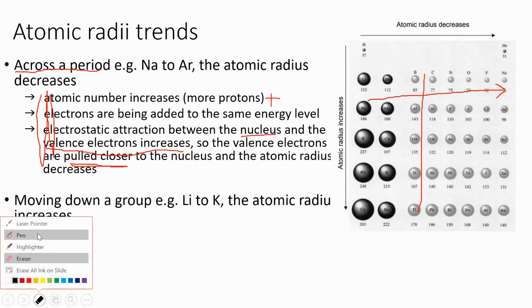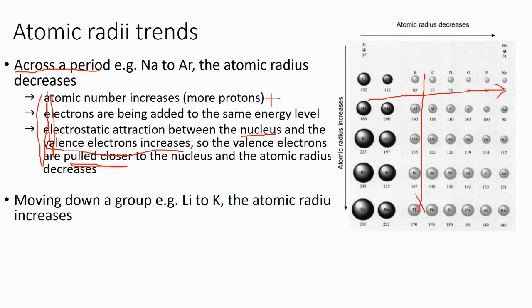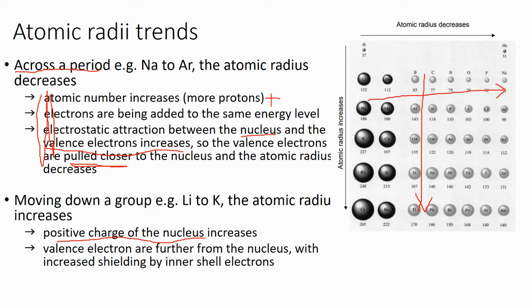So as you go down a column, the atomic radius increases, so you need to know the trend. The positive charge of the nucleus increases. Again, bigger atomic number as you go down, the more protons in the nucleus. The valence electrons are further away because as we go down a group, we're adding electron shells.